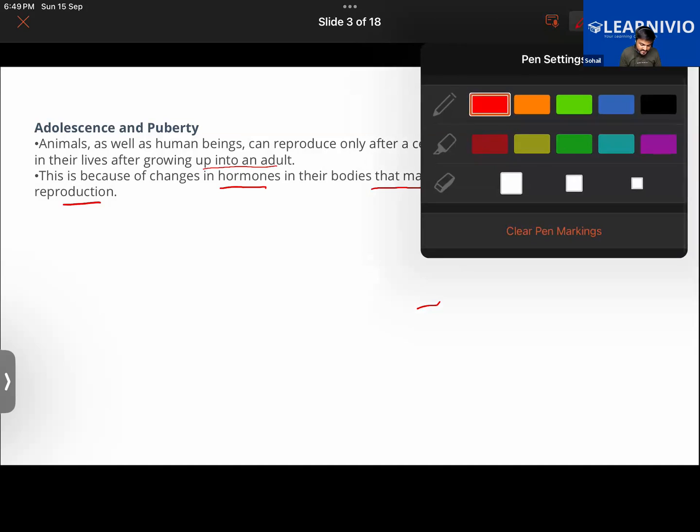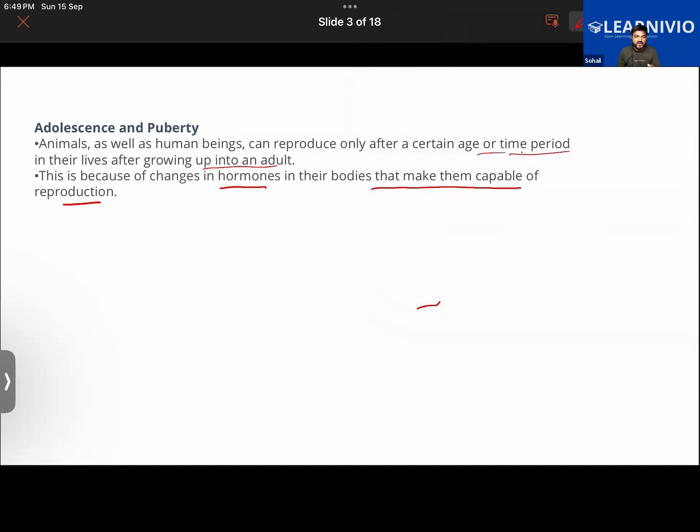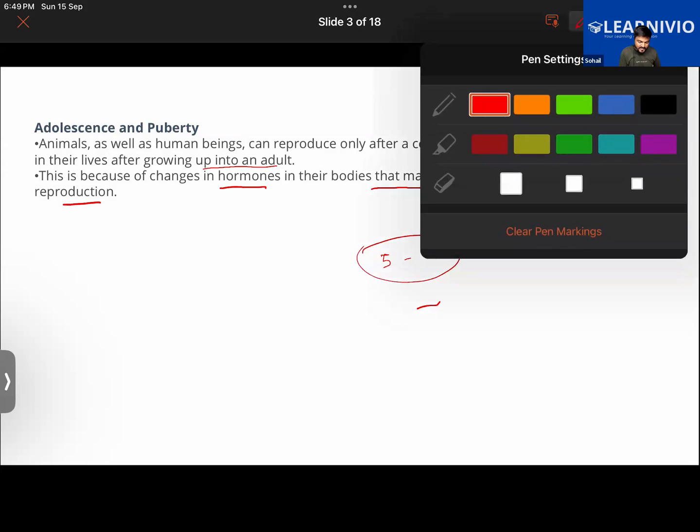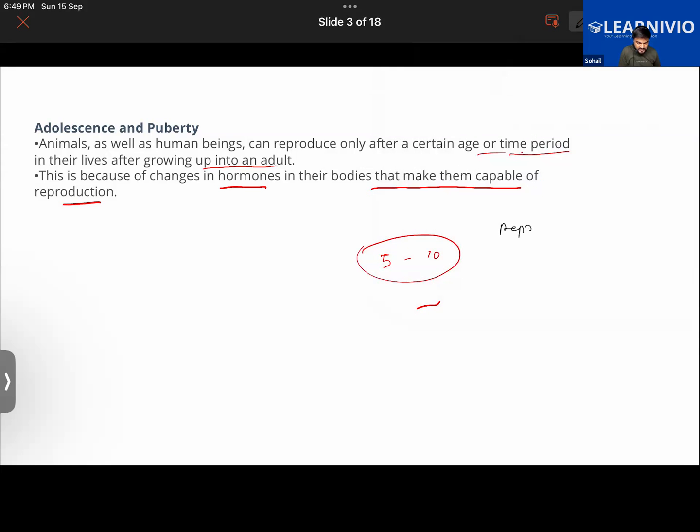After a certain age, certain hormones are released in their body that bring about different changes, hence making them capable of reproduction. So while a child is of the age of 5 to 10 years, at that time their reproductive organs are not mature.